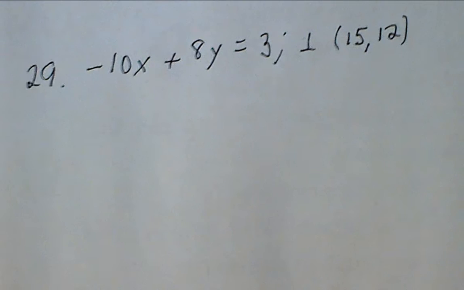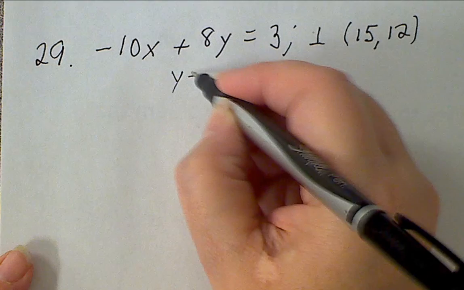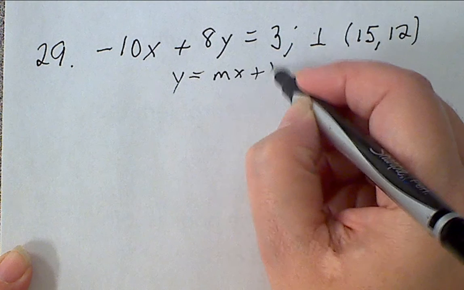So the first thing we have to do is find the slope of this line. What equation do I have to put this in to find the slope? Y equals mx plus b. So I have to solve for y of this equation.